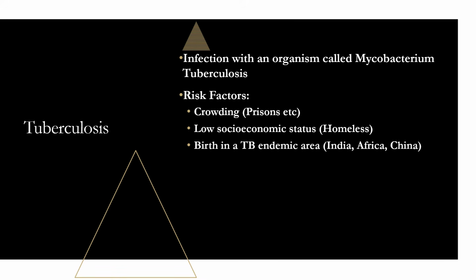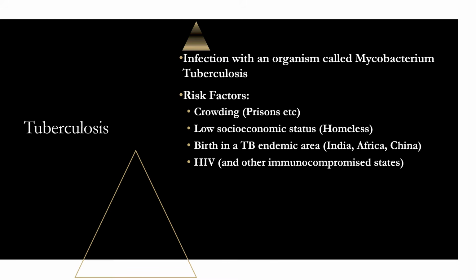And then birth in a TB endemic country like India, Africa, China. Those are some really TB prevalent areas. And there's a whole bunch of other ones that you can look up, but if they mention anything, birth in a TB endemic area, they're not going to say that, but to know some of the big countries like that, you should be aware of that as well in a vignette. And then finally, HIV, which is a huge one.